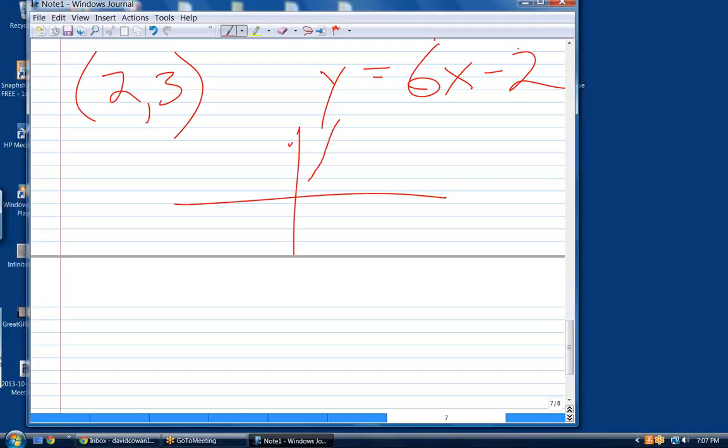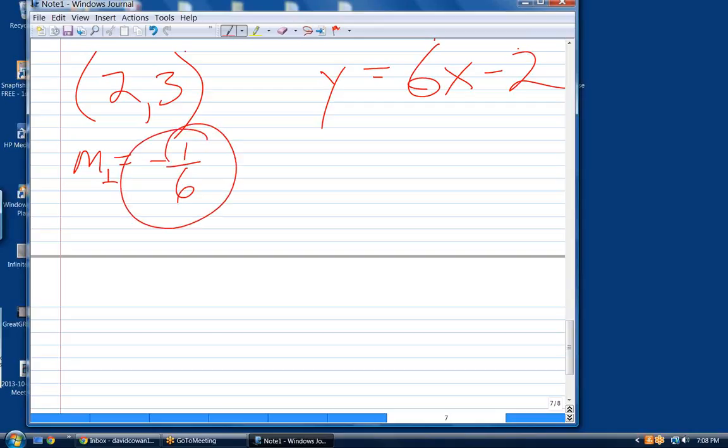There's the slope of 6, there's a perpendicular line, and they always have a similar relationship. Isn't it just negative 6? It's the negative reciprocal. If this is 6, this is negative 1/6.